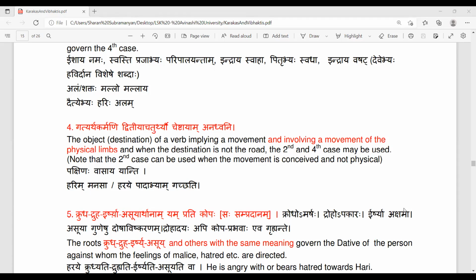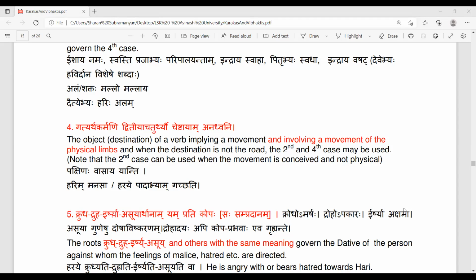So when the destination is not the road, then second case and fourth case can be used. And the second case can be used when the movement is conceived, it's not physical. So Harim Manasa, therefore only Manasa is there. When Manasa is there, then you can use second case.